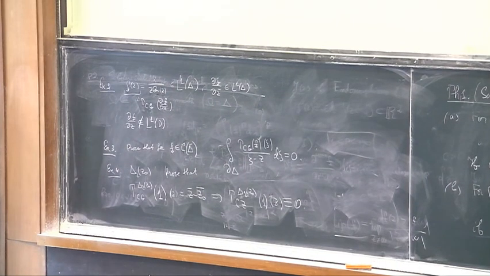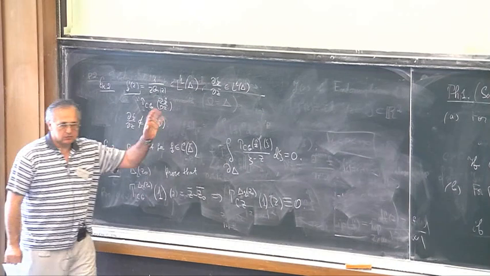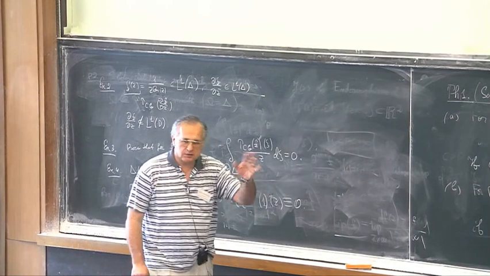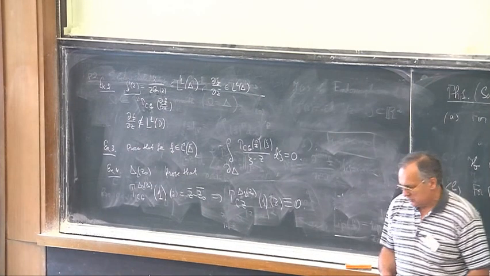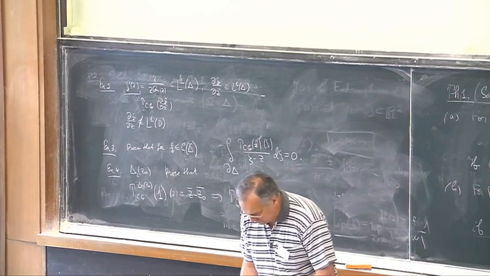So now, if these things are new for you, this Calderon-Zygmund, Cauchy-Green, just do these few exercises to become accustomed with them.